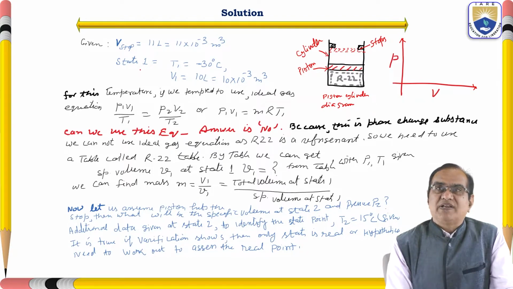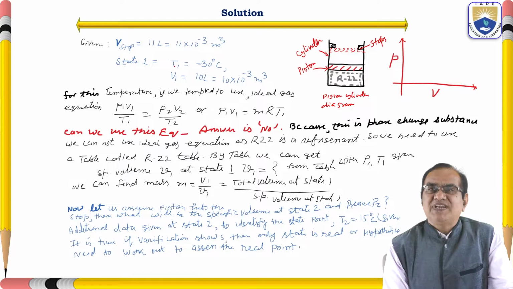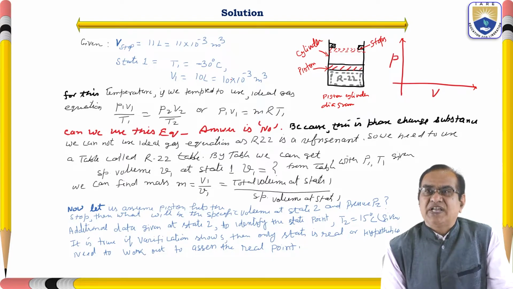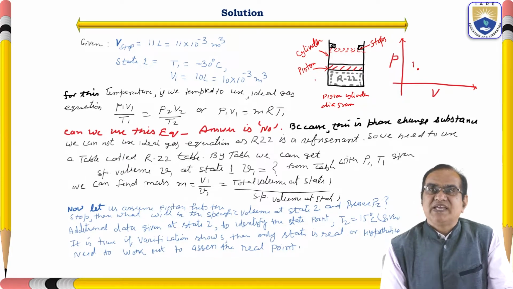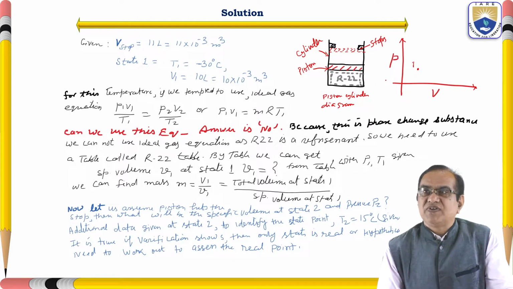Now state 1: T1 is given as minus 30 degrees centigrade, and V1 is given as 10 liters, which is 10 into 10 to the power minus 3 meter cube. This is state 1, with temperature minus 30 degrees centigrade and volume V1.